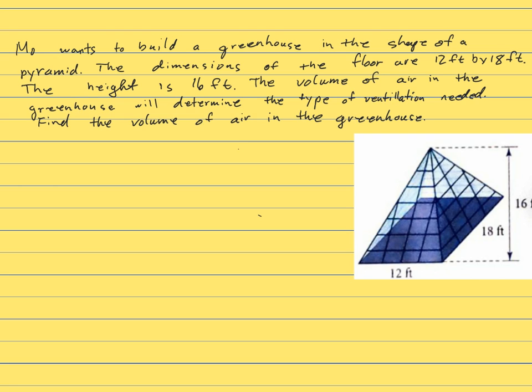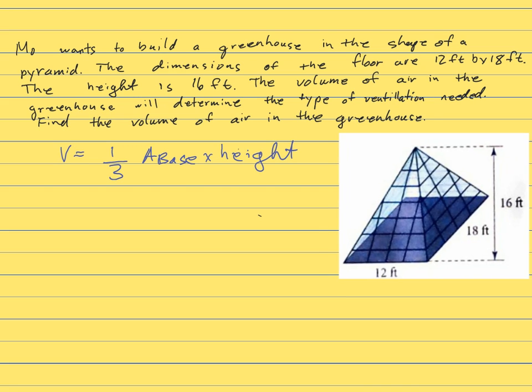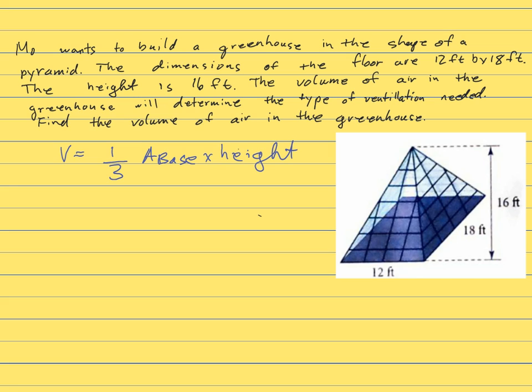Now, for a pyramid, we have to do something a little different. We're going to use the area of the base still, and we're going to use the height, but the volume that's taken up is only 1/3 the area of the base times the height.